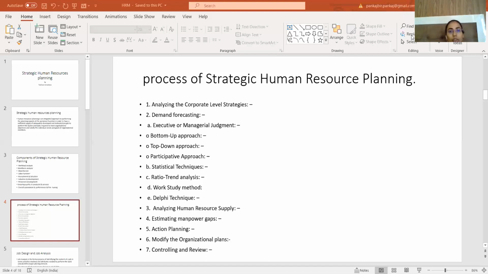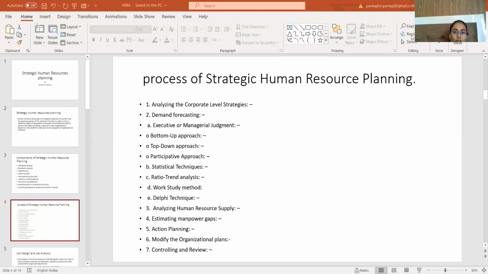So on the basis of analyzing corporate level strategy and taking clues from that strategy, the demand forecasting step starts. Forecasting the overall human resource requirement in accordance with the organizational plan is one of the key aspects of demand forecasting.